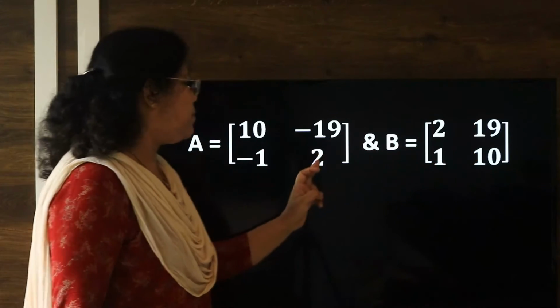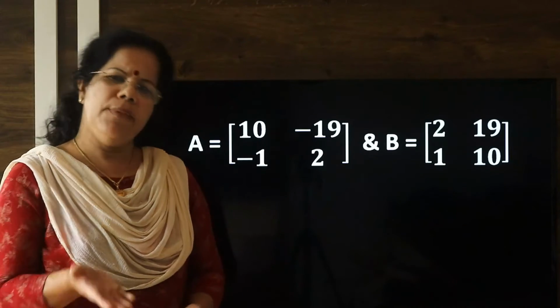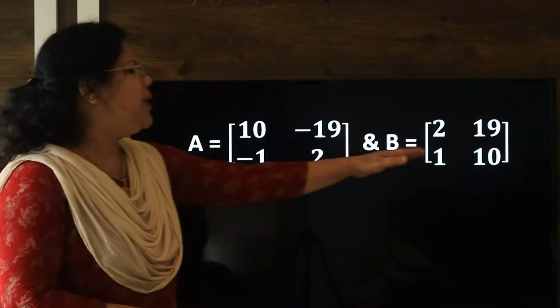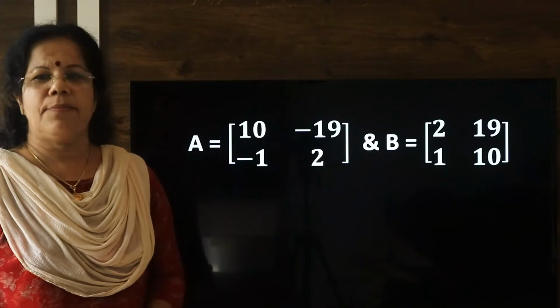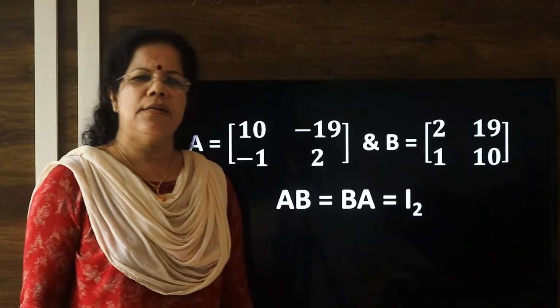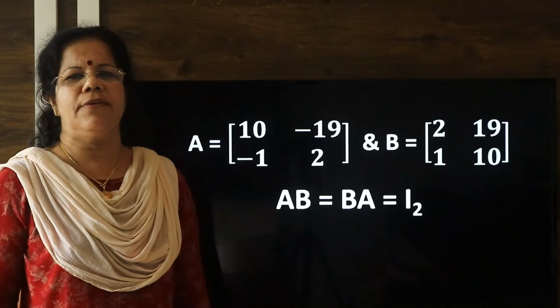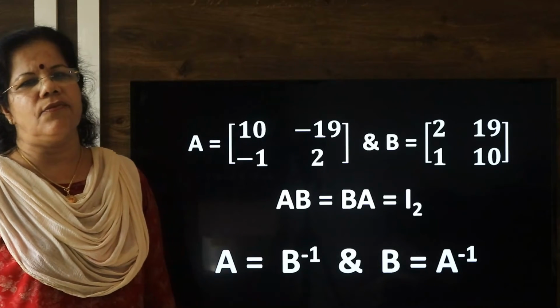Negative 19 plus 21, so you are getting once again I. BA also you try to find out. BA also will be I only in this example. So AB is equal to BA is equal to I. What can we conclude? This is the definition of inverse, already discussed. So A is the inverse of B and B is the inverse of A.